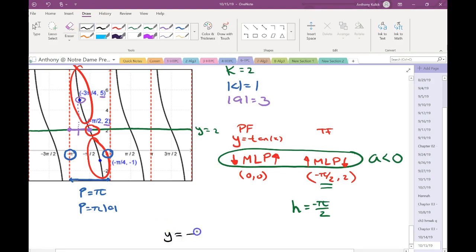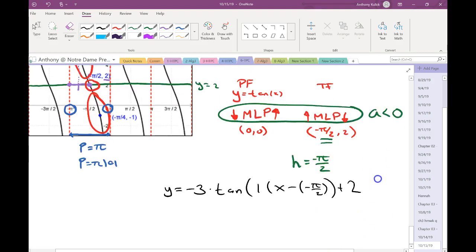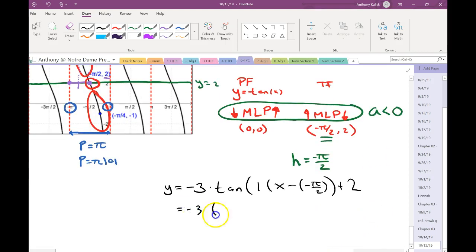And now I have everything I need. So negative 3 times tangent of 1 times (x minus negative pi over 2) plus 2. Or if I wanted to simplify that down a little bit, I could write tangent of (x plus pi over 2) plus 2.